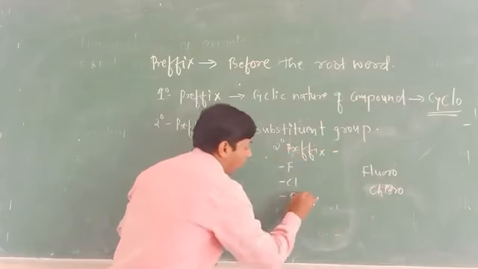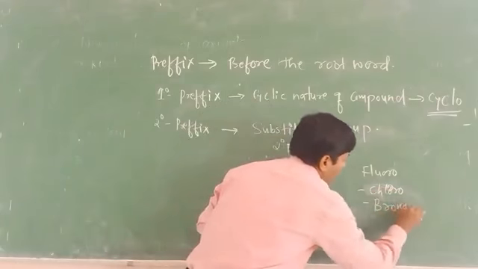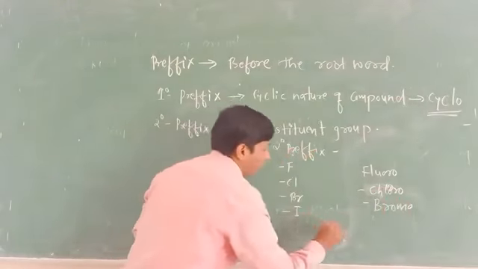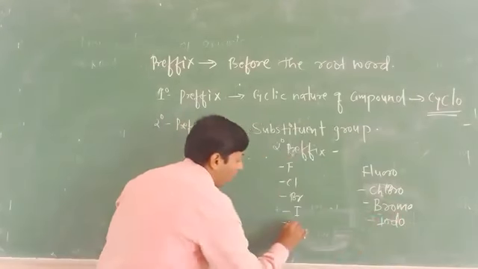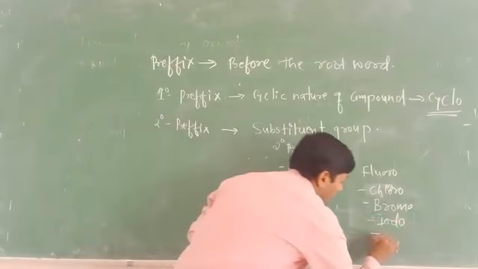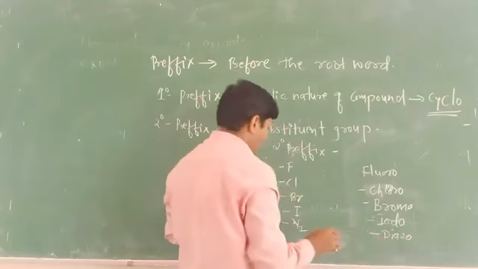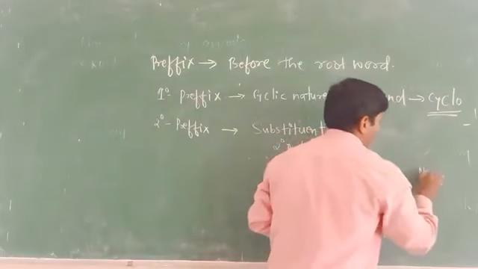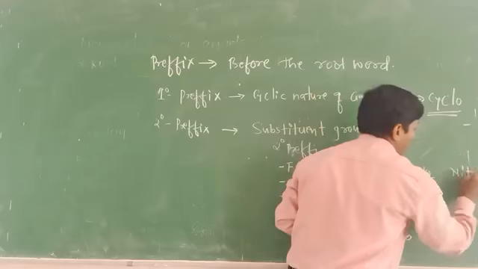If it has Br, bromine, you can use bromo. If it has iodine, you can use iodo. If it has an N2 group, then you can use diazo. If it has a NO2 group, then you can use nitro.